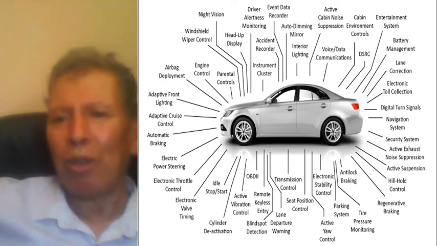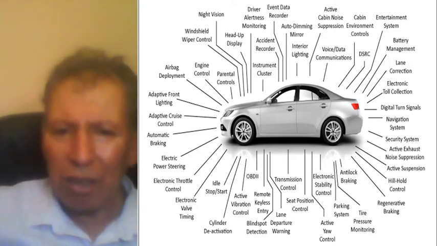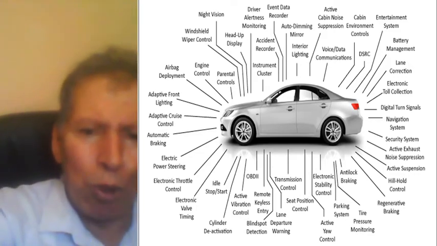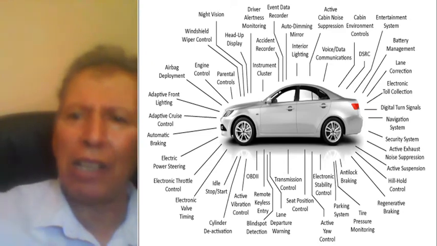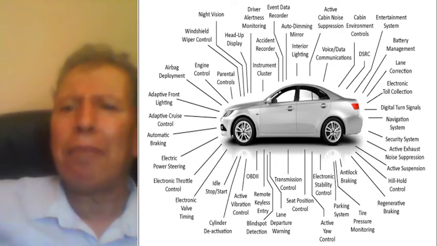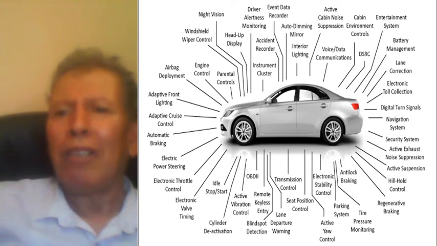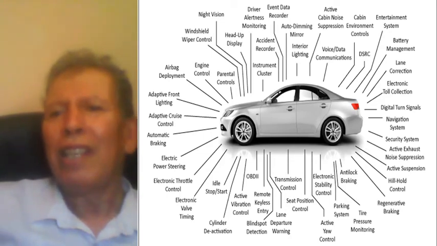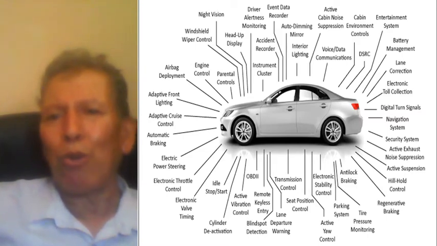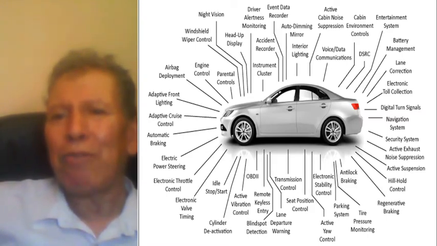Péage autoroute. Lane correction. We have seen a while ago lane departure warning, and here lane correction. Battery management. Oh yes, the battery also can be controlled electronically, to manage your battery when it is full, when it is not full, when it needs to be charged, I mean, right?